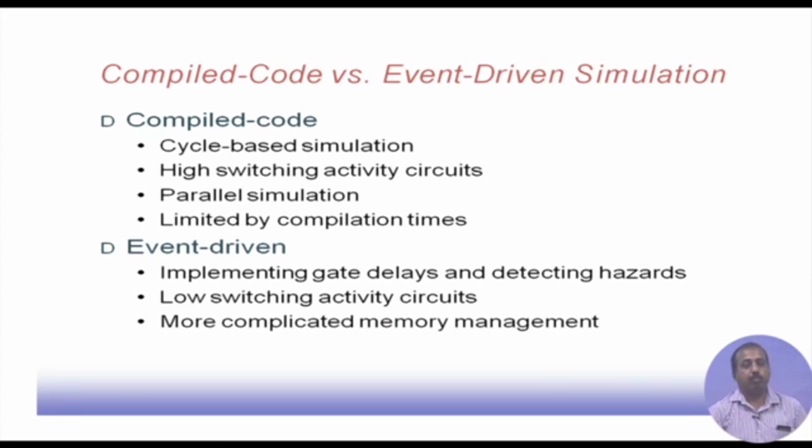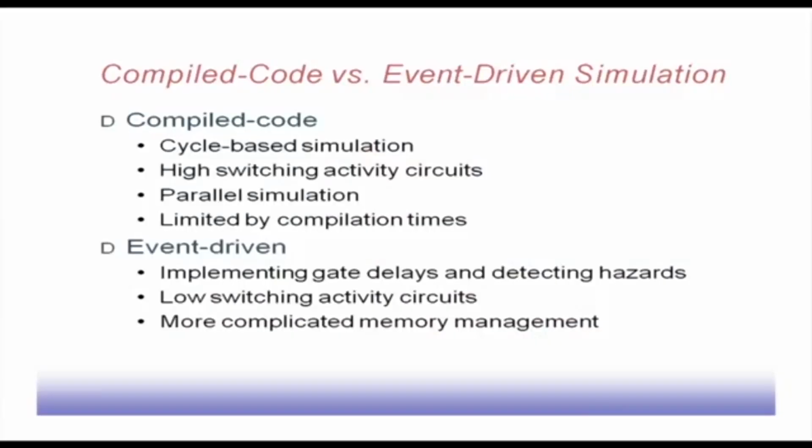So, if we just compare side by side this compiled code and this event driven simulation, in case of compiled code it is a cycle based simulation. So, naturally high switching activity circuits will come into picture, because every cycle we are going to simulate the circuit. So, if the circuit has got a lot of switching in it, then it is better to go for a cycle based simulation, because if we try to generate the event list, then the event list will also be very large.